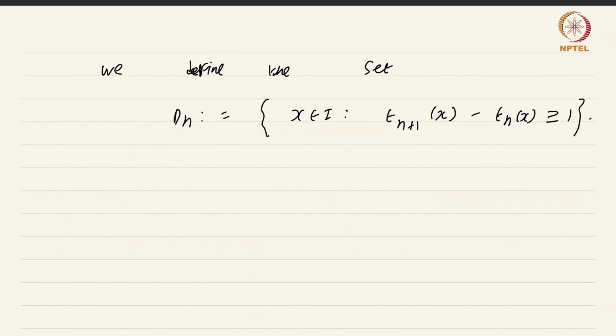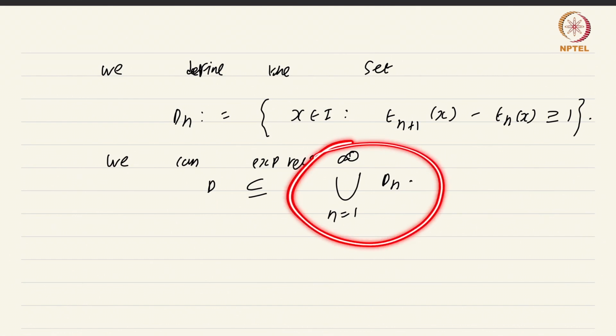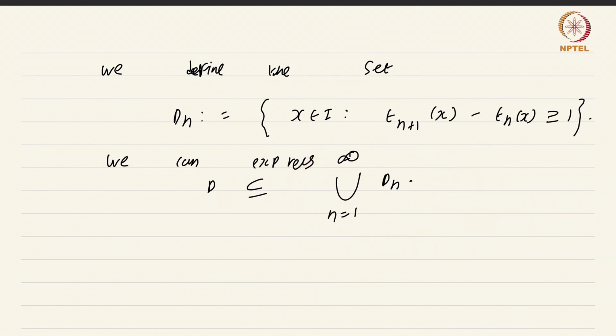Okay, so we can express D as a subset of the union n equal to 1 to infinity of Dn. Notice that the right hand side set is far larger than what we actually want.